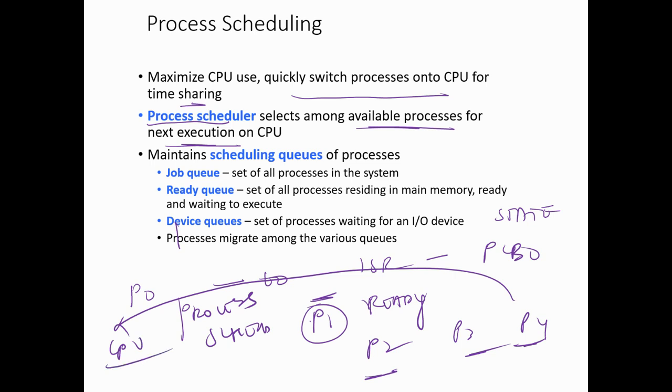Now you can get a question. The process scheduler selects which process is going to be executed on the CPU when there is an interrupt for the running process, or the process gets terminated. How is the process scheduler going to select the process?